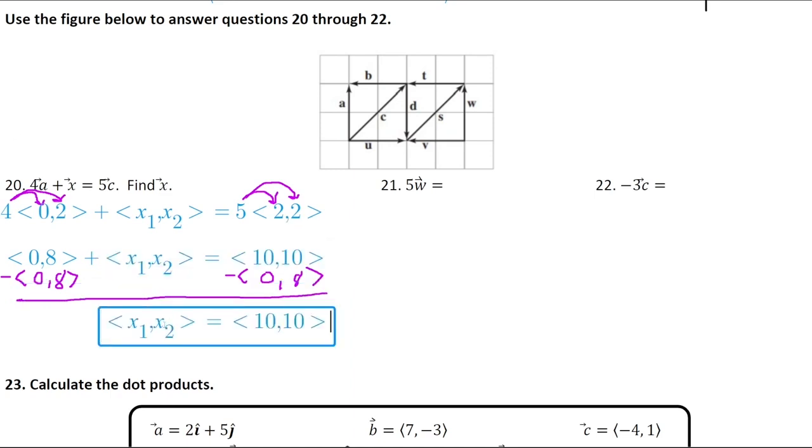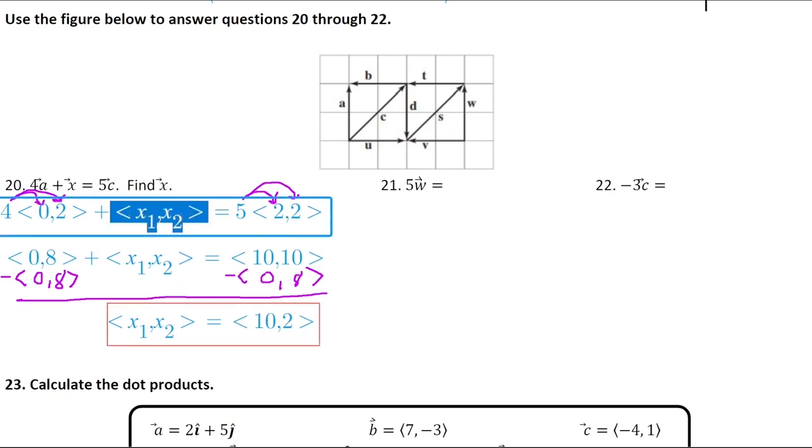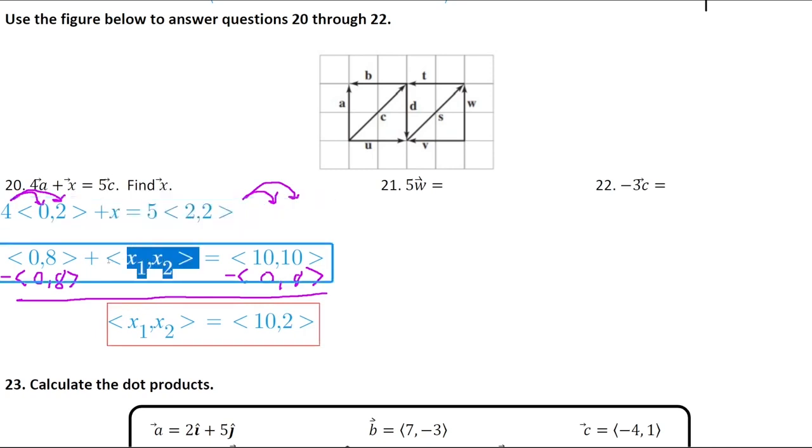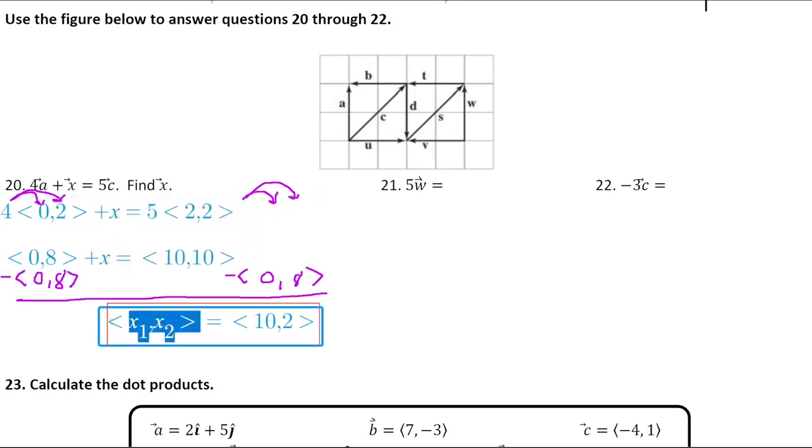So now we can say that this vector x is going to be 10, comma 2. So yeah, and really, we could just call this x. We don't have to write it as a vector, but we do want to include the vector notation, so I'll have to just handwrite that in there.